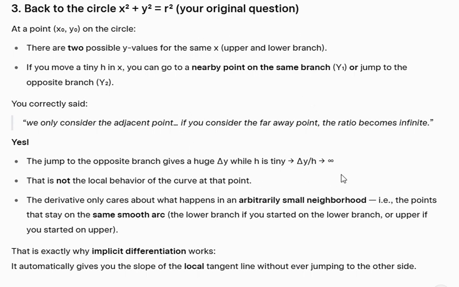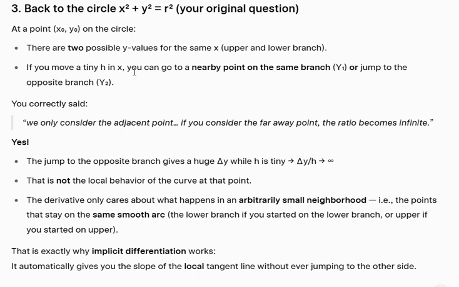And one more thing: we consider only the adjacent points on the left side and right side, and those points should satisfy the equation of the curve. Both nearby points must pass through that branch. The points stay on the same smooth arc, and that is the implicit idea. This is what we can understand here.